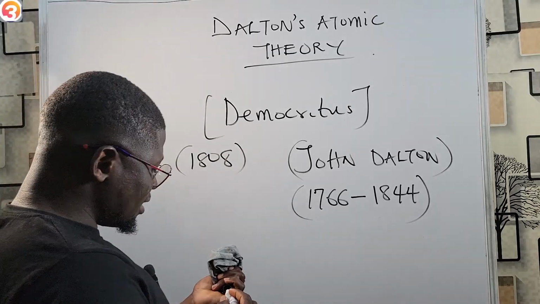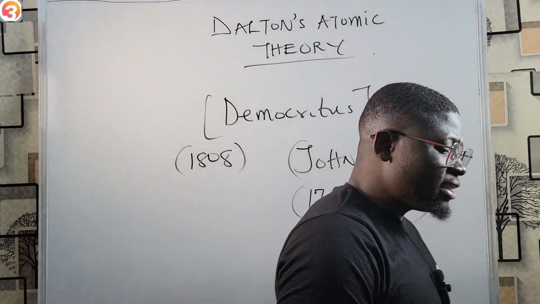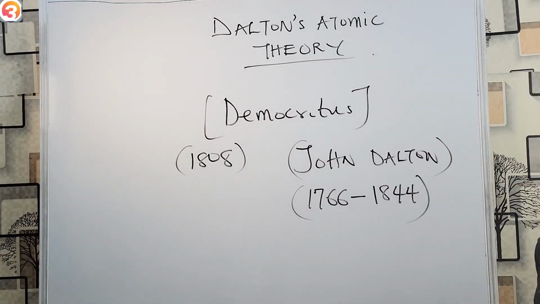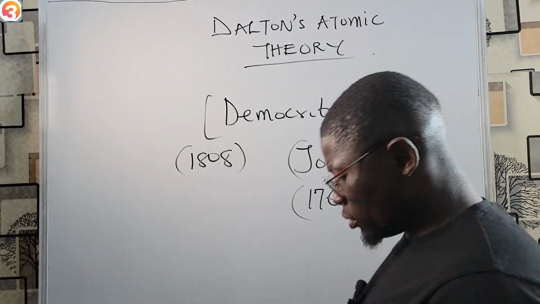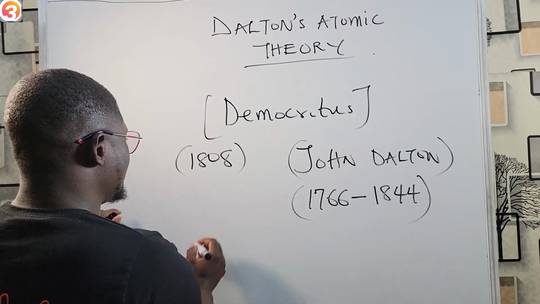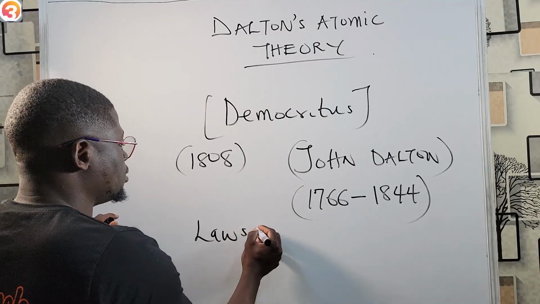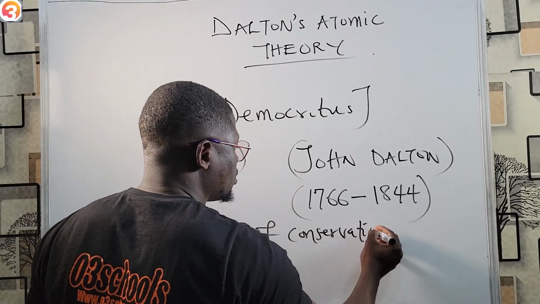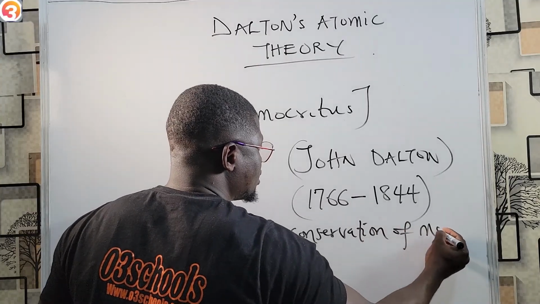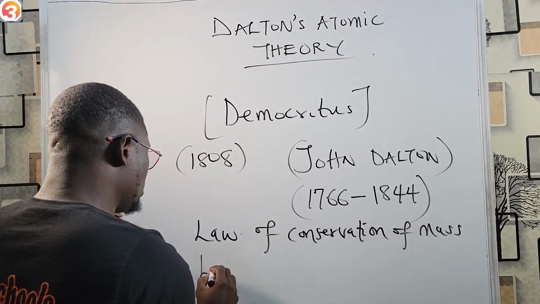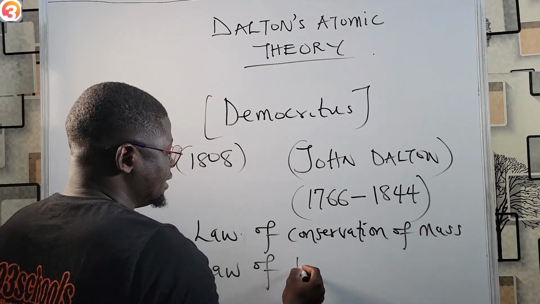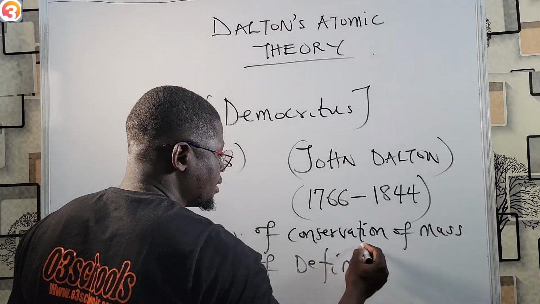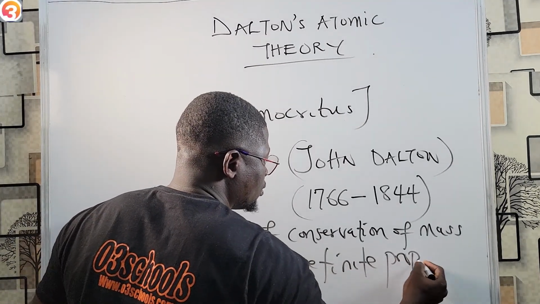He proposed a theory in the year 1808, and he used his theory to explain the law of conservation of mass, and then the law of definite proportion.